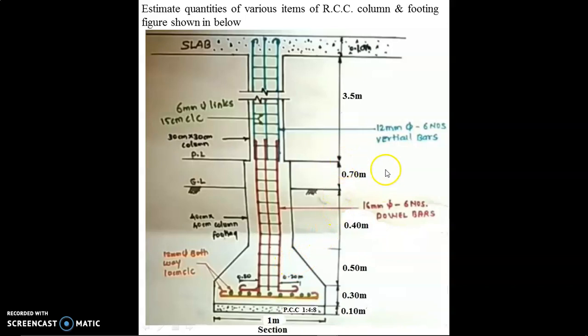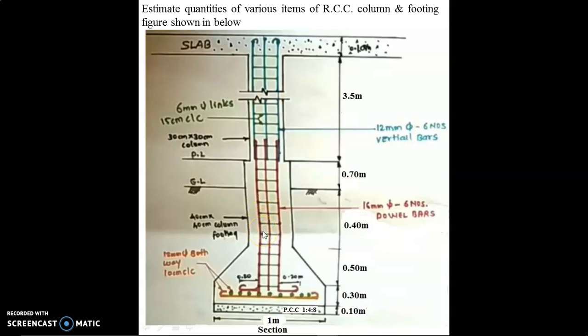So first we find only the concrete part, excavation part and filling part. Reinforcement weight we discuss in the second part of this lecture.